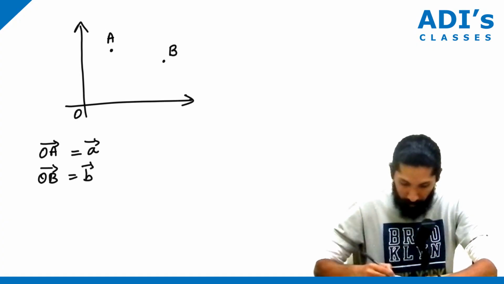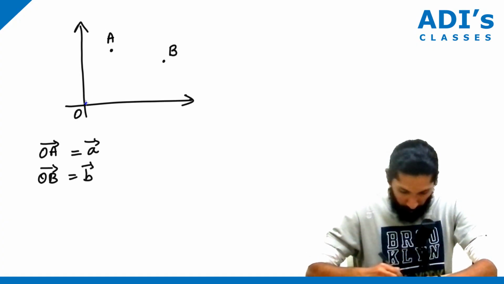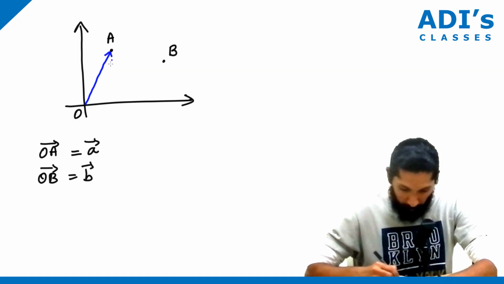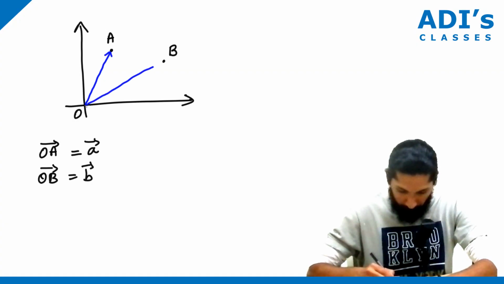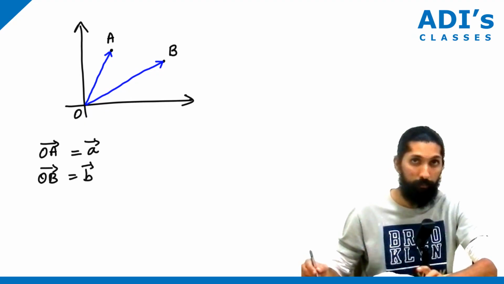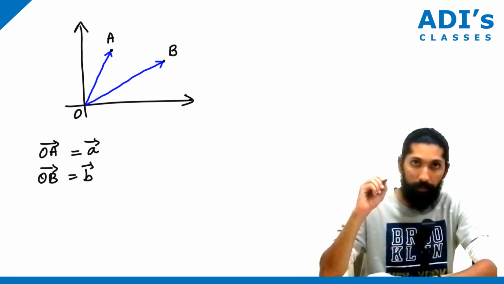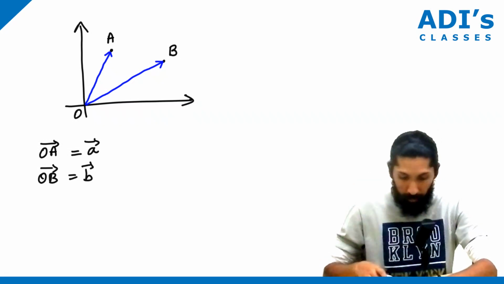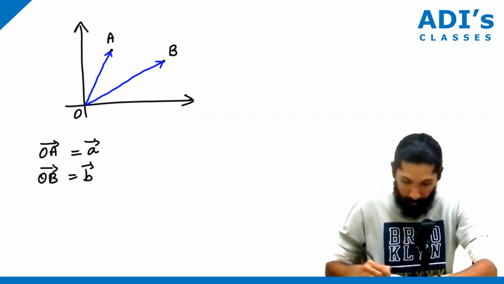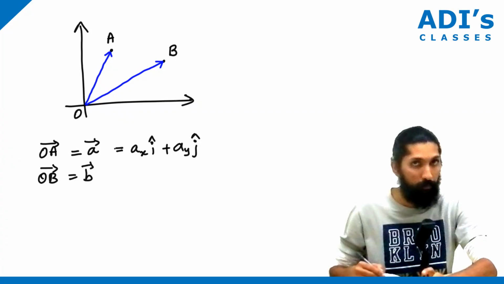This is the position vector. That means here we can write that O to A is one vector, O to B is one more vector. So we have two vectors, right? Now what we need is the AB vector, correct? Now we'll write vector A is equal to AX i cap plus AY j cap, correct?